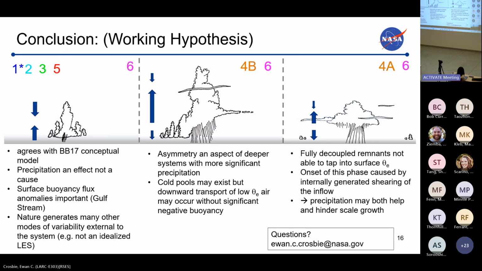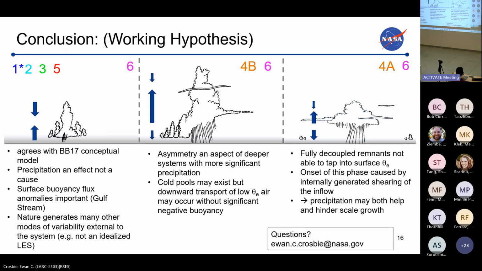Okay, I just want to wrap up with this. I'll let you read the text, but basically this is our working hypothesis for how I think that these cloud clusters are operating. Essentially, the ones on the left more or less conform with the conceptual idea of the Bretherton and Blossey paper.